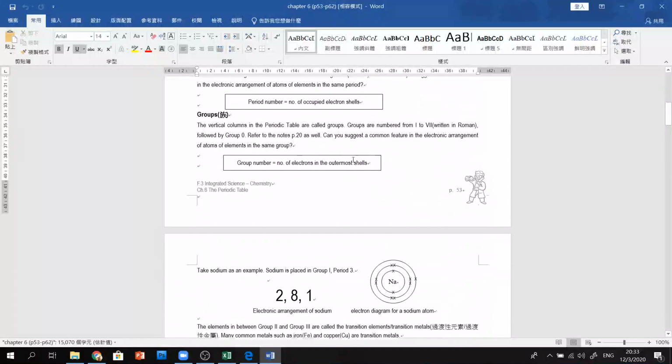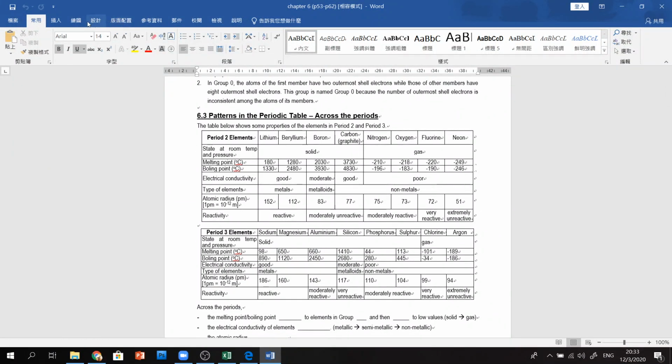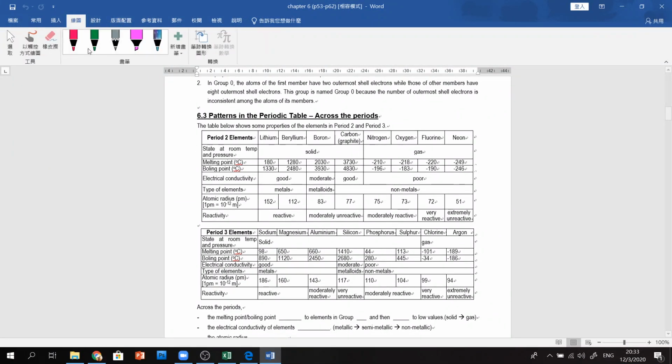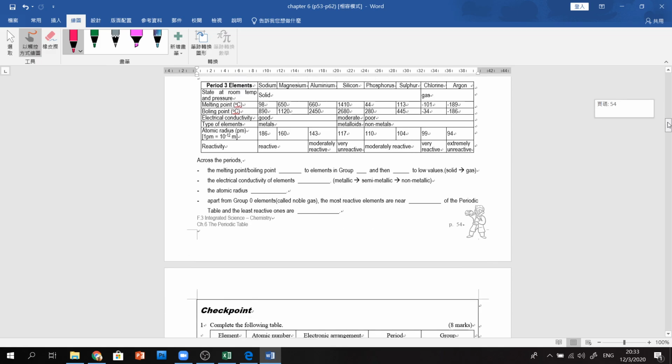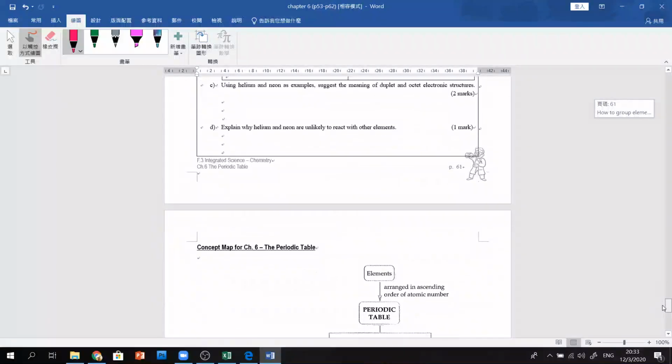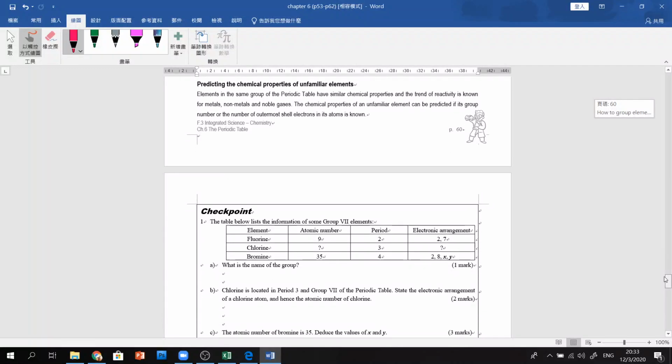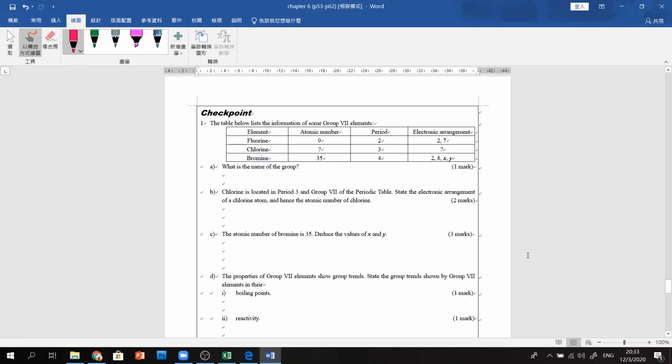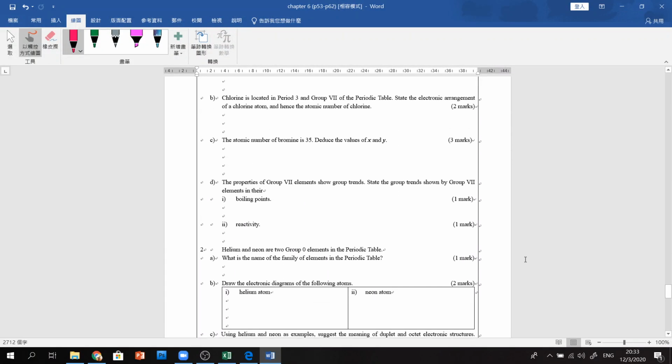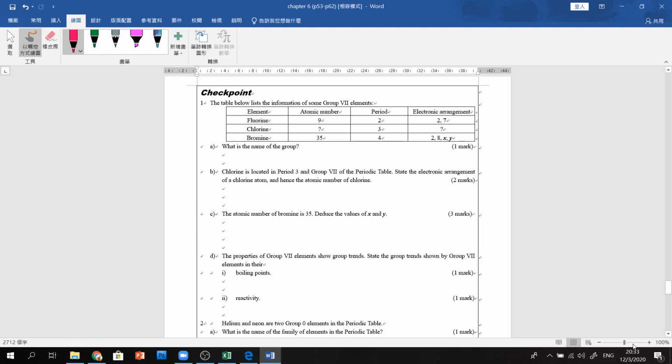For the checkpoint, you may see it here, the last two pages. This is on page 61. So take a look at that.